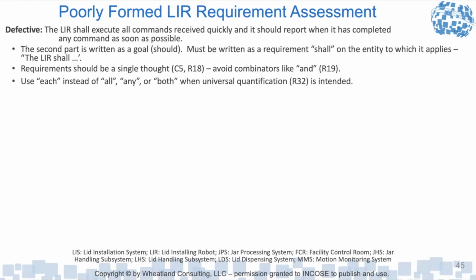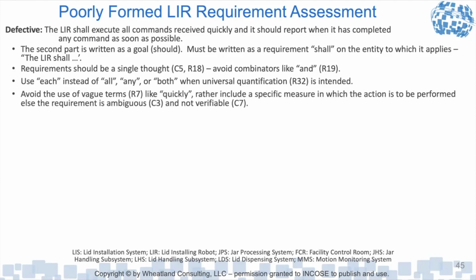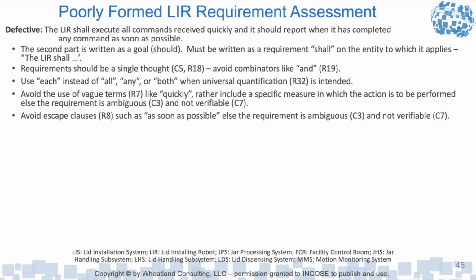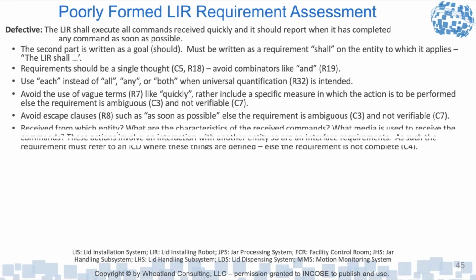Use each instead of all and any or both when universal quantification is identified. Avoid the use of vague terms like quickly. Rather, include a specific measure in which the action is to be performed, else the requirement is ambiguous, not verifiable. Avoid escape clauses such as as soon as possible, else the requirement is ambiguous and not verifiable.